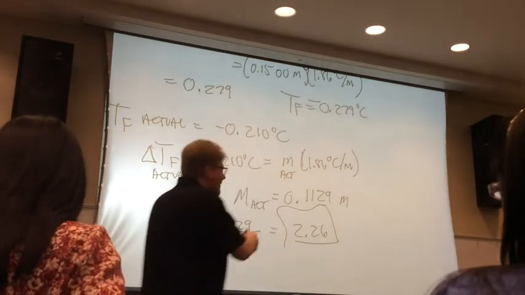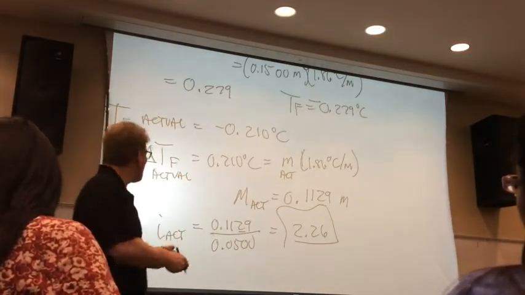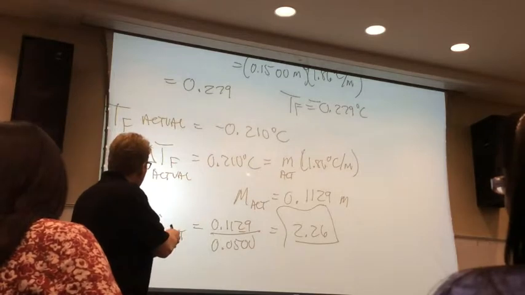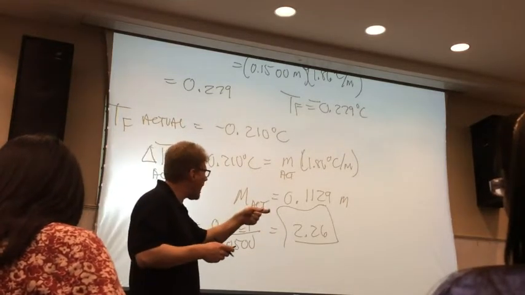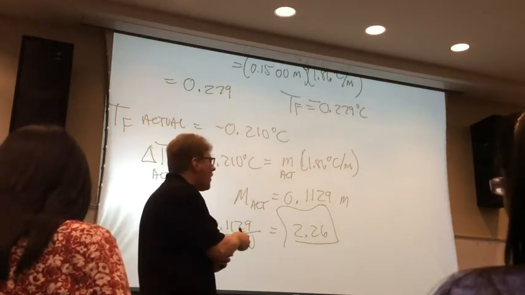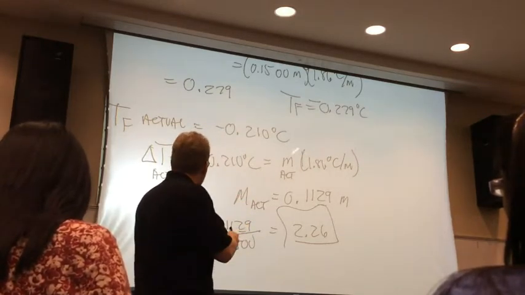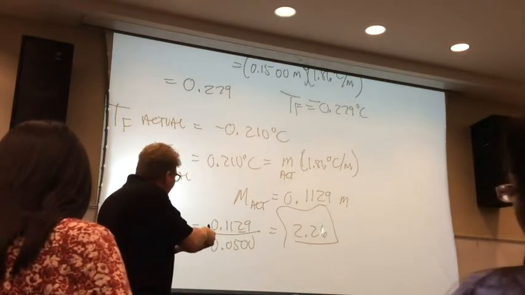Now, realize that there's an equation that you may have memorized in the book, which is delta T equals molality times I times your KF here, right? Well, the molality that's in there is this number right here, what you made up. And the I would be this.